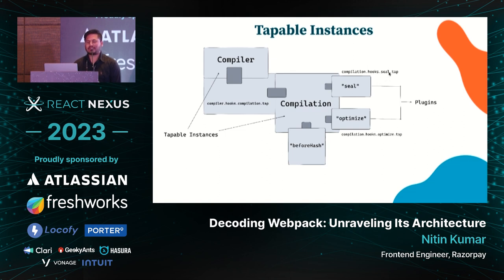For example, seal, which is run after the compilation is finished, or the optimize hook, which is run just when the optimization of assets is starting, or beforeHash. BeforeHash, as the name suggests, will run before the hashing of the asset starts. These are the hooks that are exposed to plugin authors.